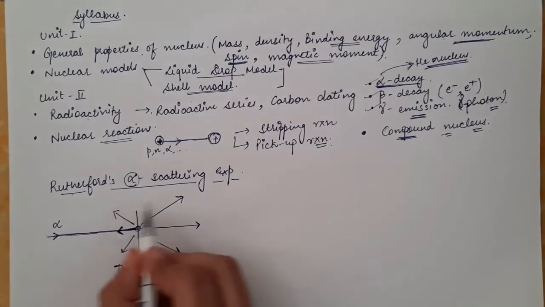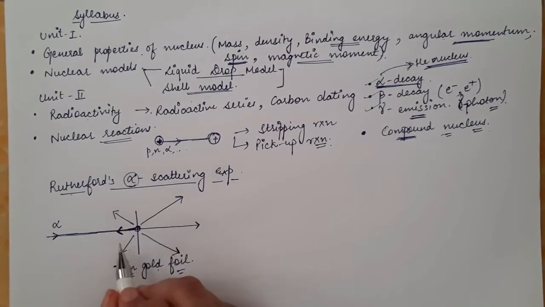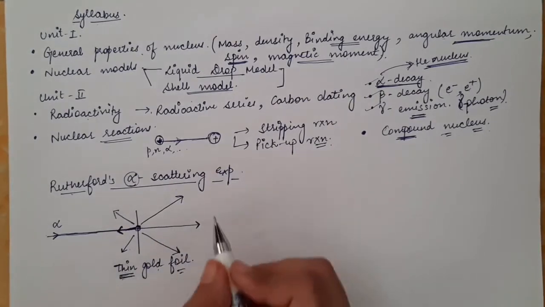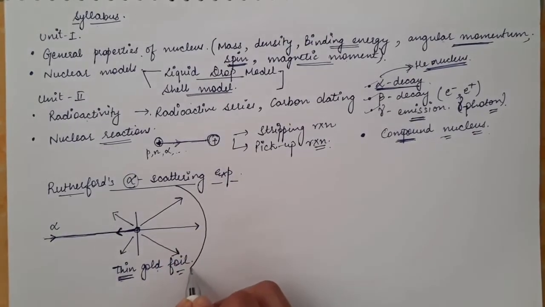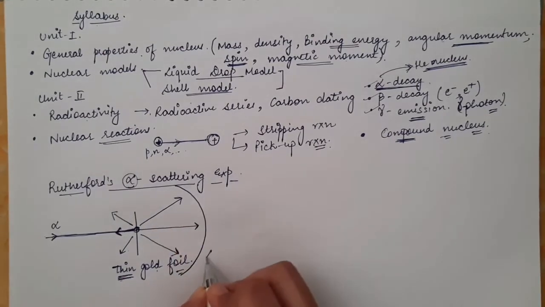These alpha particles were scattered in all directions, that is, 360 degrees in three dimensions. So these alpha particles need to be detected by a detector. This is a three-dimensional detector that was placed.